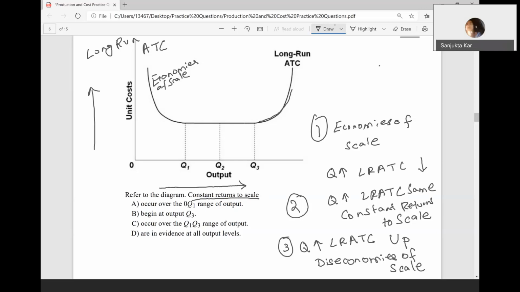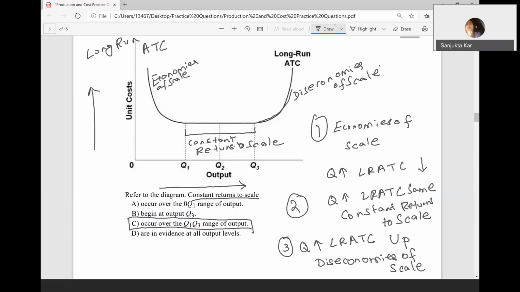This part I will have constant returns to scale, and after that I have these diseconomies of scale. So the answer to this question, constant returns to scale, occurs over the Q1 to Q3 range of output.